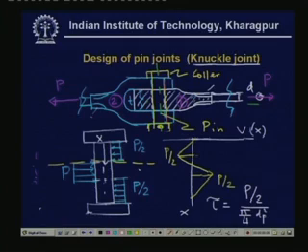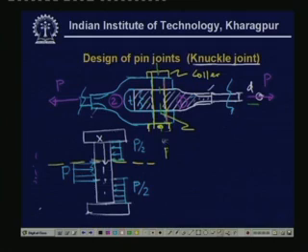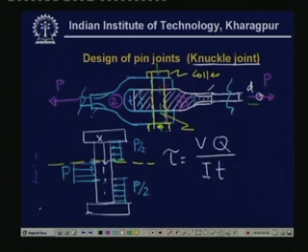We have to use precisely the formula tau equal to V times Q divided by I T, where I is the second moment of area of the cross section, Q is the first moment of area about the section, V is the total shear force, and T is the thickness of that particular section.